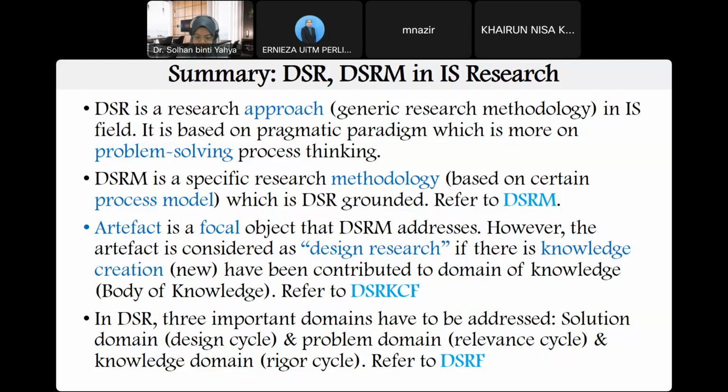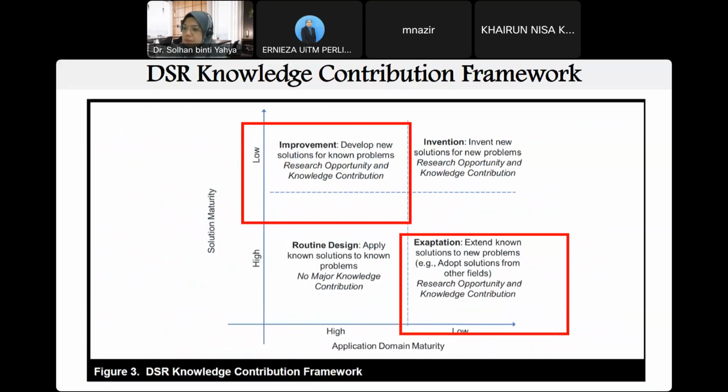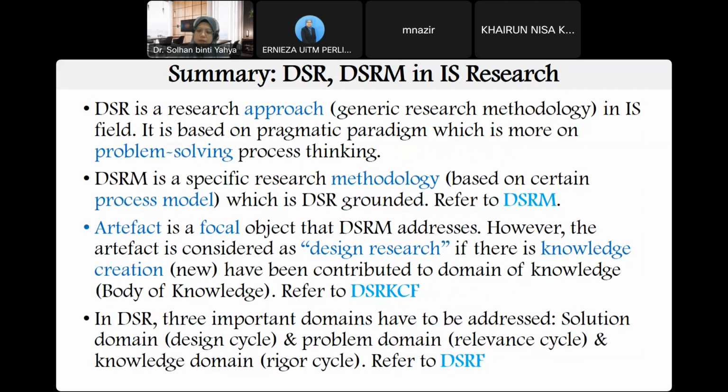However, the artifact is considered design science, and this is very important, remember Hevner's guideline number 4, if I'm not mistaken, research contribution, only if knowledge creation has been contributed to the body of knowledge. This is what we refer to as the design science research knowledge contribution framework just now. We use it to help us position the knowledge contribution.